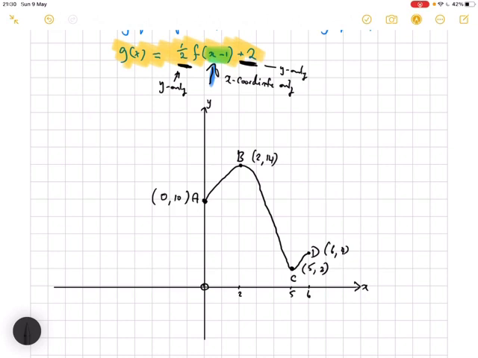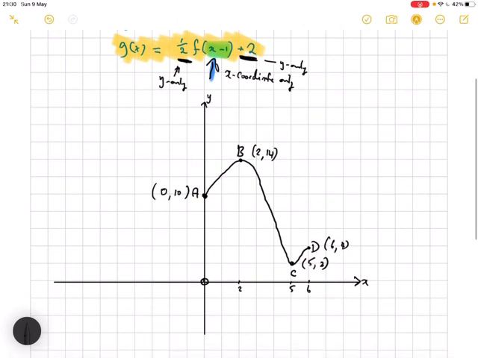The only other thing to remember is inside the bracket, so when we're dealing with the x coordinate, x minus 1 represents a horizontal shift to the right by 1 unit, and therefore the sign is a minus 1, it means we have to do the opposite. That means add 1 to the x coordinate, and if it was x plus 1, we would have to subtract 1 from the x coordinate, and then x plus 1 would represent a horizontal shift to the left by 1 unit.